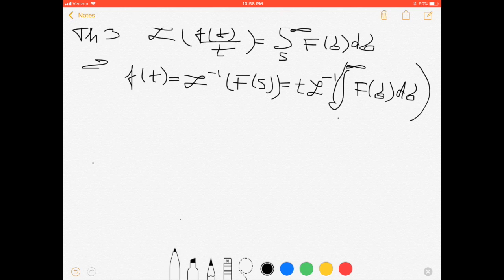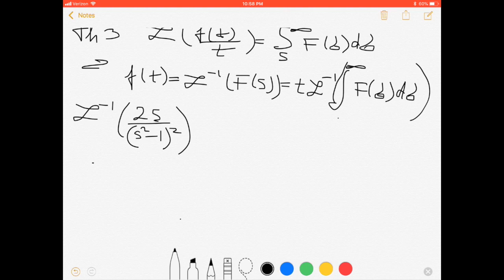Okay. Let's go. We need to compute the inverse Laplace transformation of the function 2s over (s square minus 1) square.